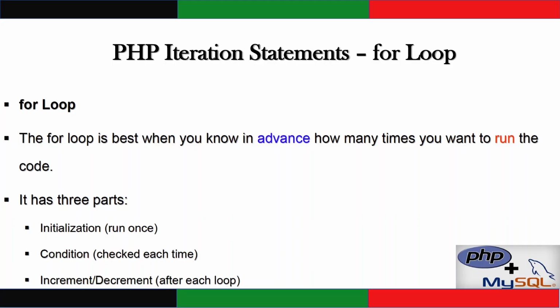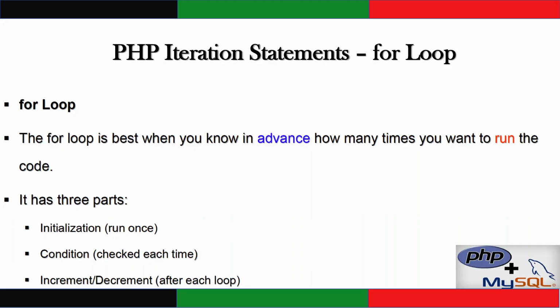If you know that we're going to run around this place about 5 times, then the for loop is going to be a good choice. But if you don't know the number of times, then in most cases it's not a good choice to pick a for loop.